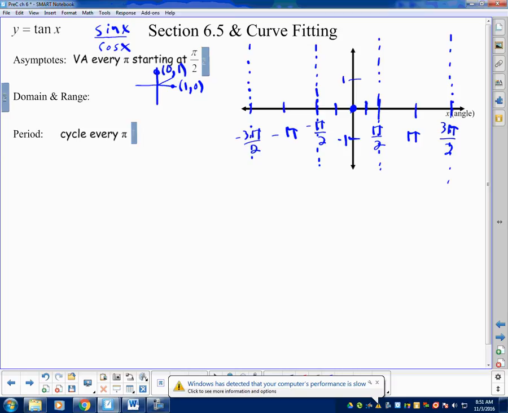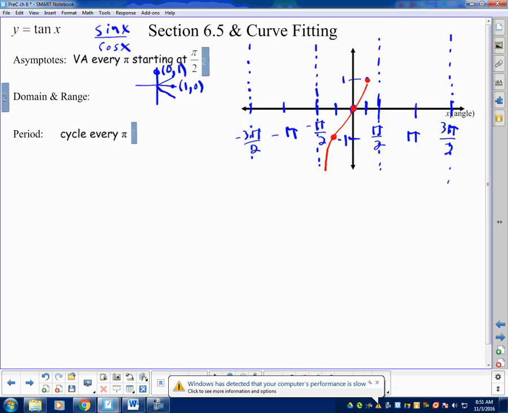So what would sine over cosine be at pi over 4? It's 1. So right here we'd be at 1. And then down here at negative pi over 4, it would be negative 1. Let's do this in a different color here. So I have a few coordinates here, and then you just kind of have to know the general shape of this.